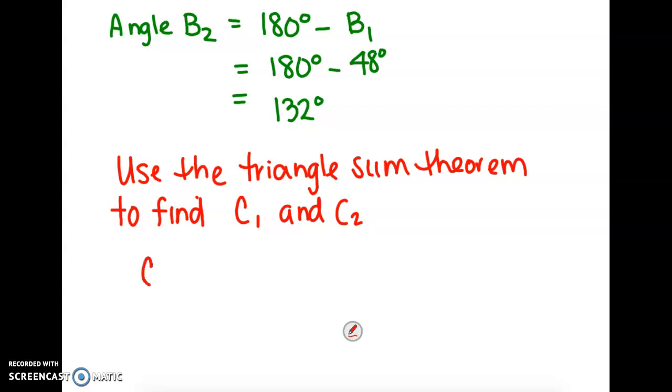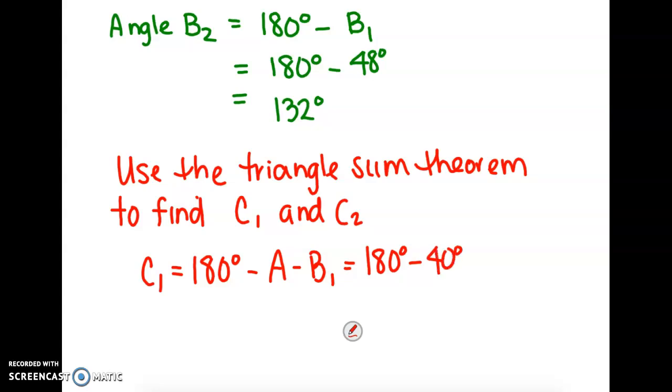So C1 is 180 degrees minus angle A minus angle B1. Sub it in: 180 degrees minus 40 degrees minus 48 degrees. Remember that 48 degrees was a rounded answer, so we're at 92 degrees.